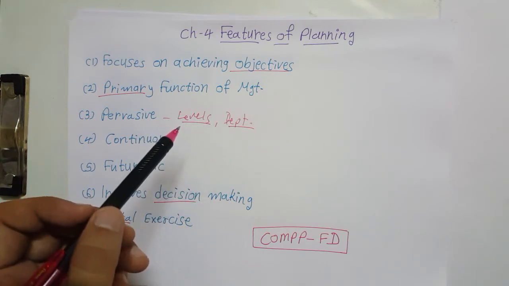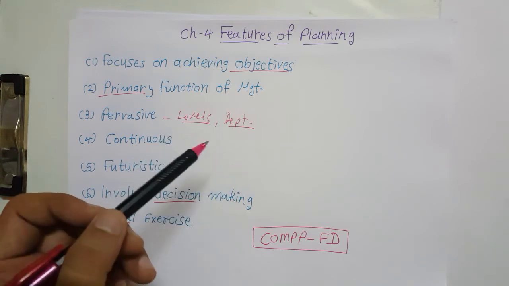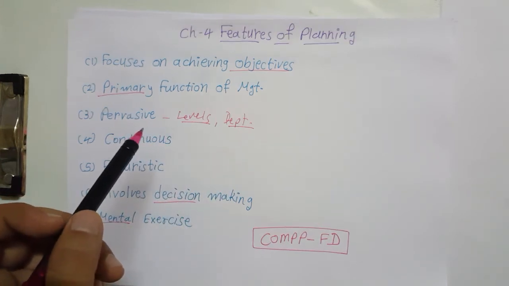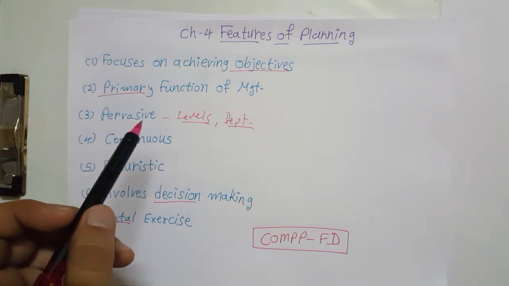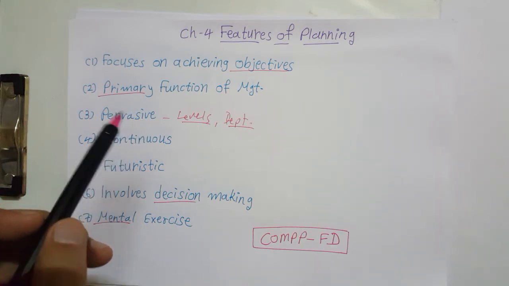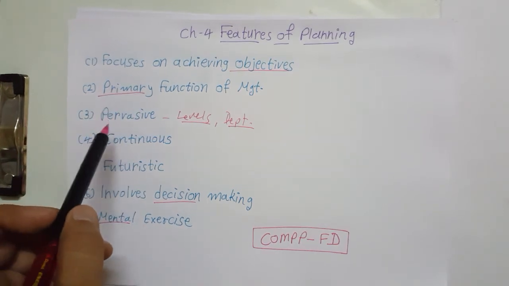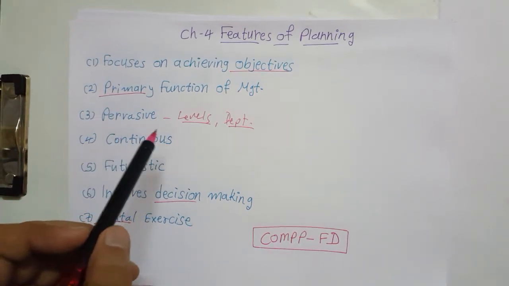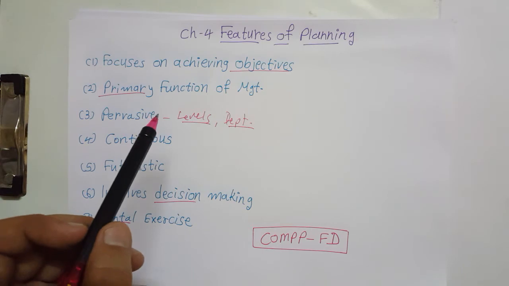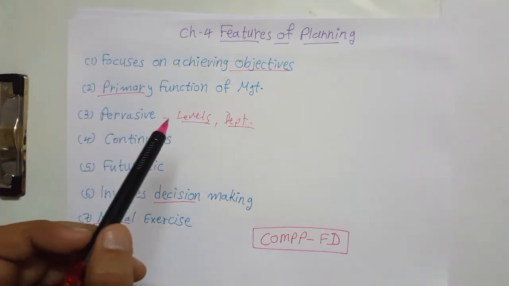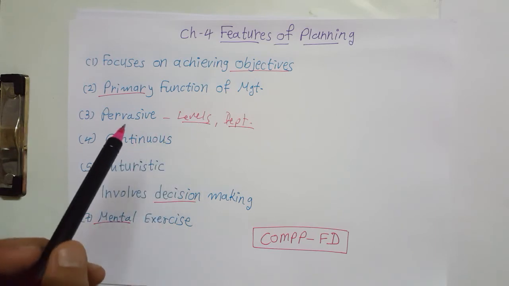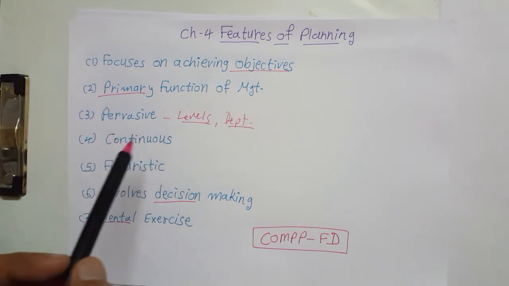Planning is also required for 1 day, 1 hour also. In that way we can easily see planning is there all the way. It is a function of management that they must have a plan for every level, every department, every week, every month and every hour. So that's why planning is all pervasive.